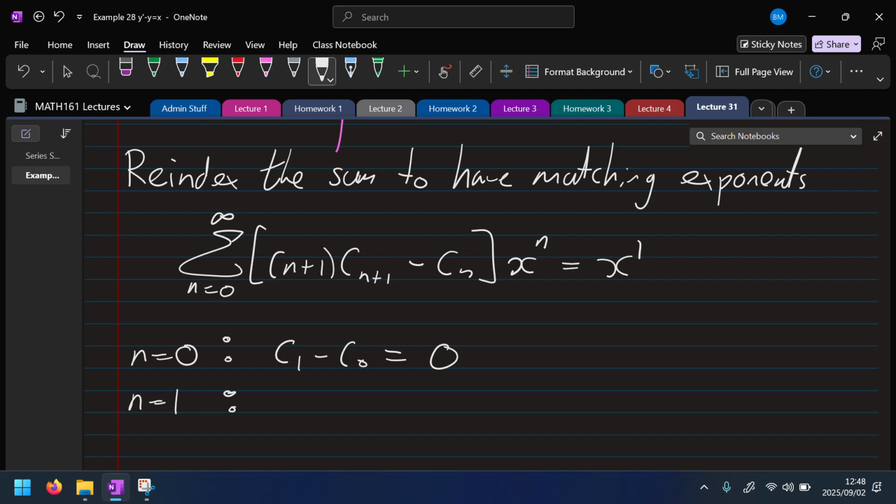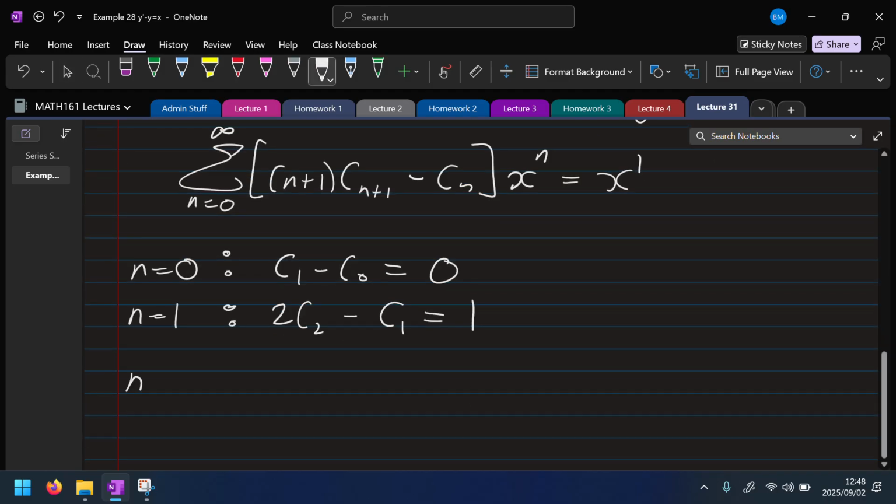So n is 1, so we have 2c2 minus c1. Okay, so that was the n equals 1 case. On the right-hand side, what do we have? Just x. So what's the coefficient of x? 1. So that must be 1.